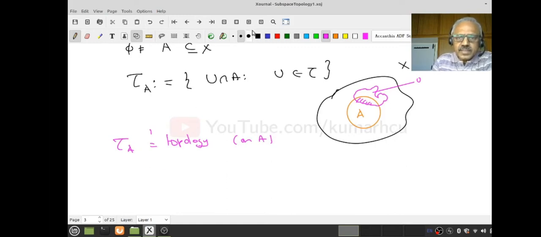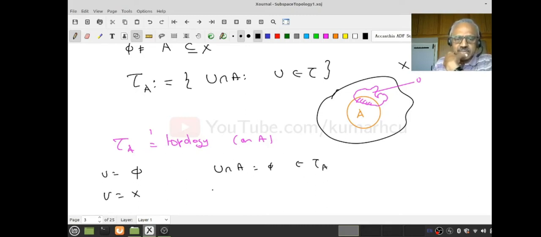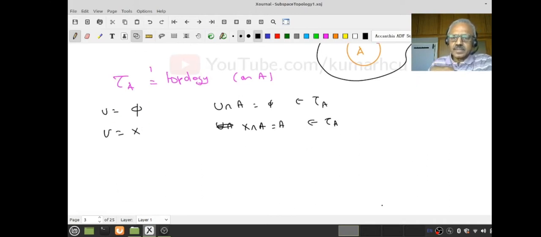Take U equal to the empty set, therefore U intersection A will be the empty set, that belongs to tau_A. And take U equal to X, that is in tau, therefore X intersection A will be A, because A is a subset, that belongs to tau_A, right?